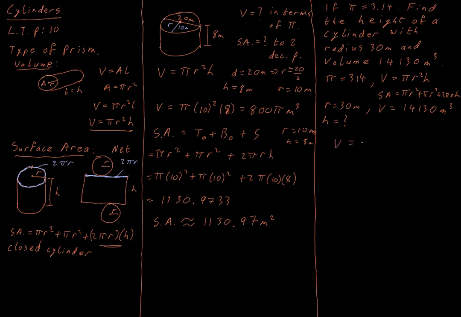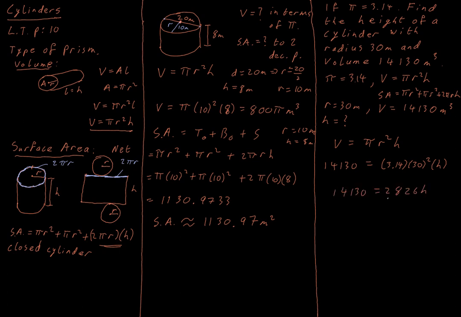So the volume is equal to pi r squared h. I know the volume. I know pi, 3.14. I know the radius is 30, and that's squared. And the height is what I'm looking for. So let's put this bit in the calculator to know what my coefficient of h is.